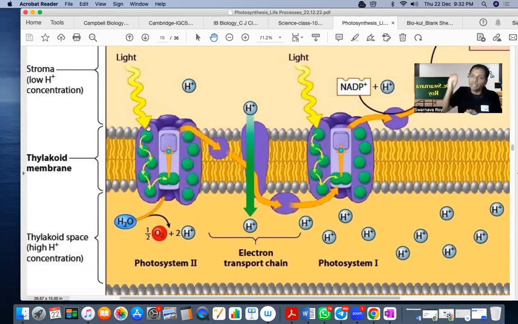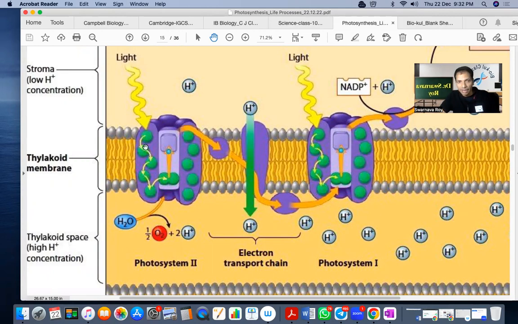So all these pigments have electrons, and the light causes the electrons to go to a higher excited state, and these electrons are coming out and they are transferred. You see how the light causes the electrons to be transferred from one chlorophyll to another chlorophyll molecule.